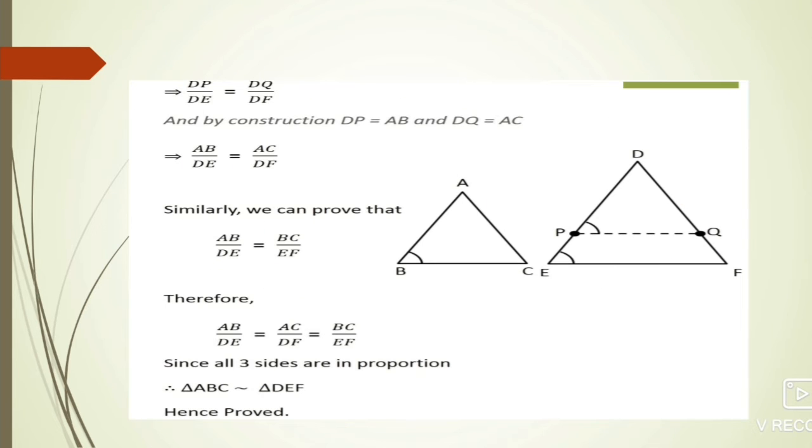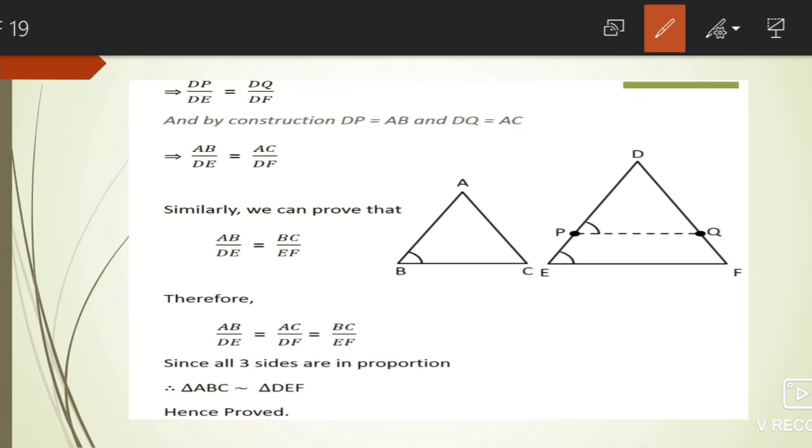Now on this next slide, you are getting DP by DE is equal to DQ by DF. In the construction you have considered DP is equal to AB and DQ is equal to AC. That means in place of DP and DQ you are writing AB and AC respectively.